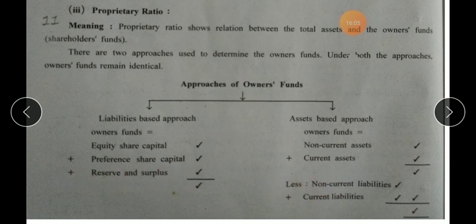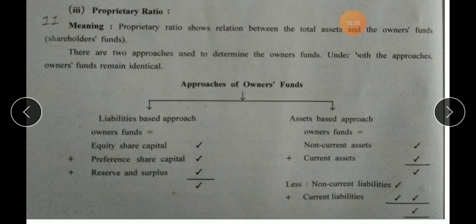We have already used this method for obtaining owner's funds in previous sums and illustrations about the first ratio. In the liabilities based approach, you take equity share capital plus preference share capital plus reserves and surplus. You know this very well, that this is the formula for obtaining shareholders' fund.